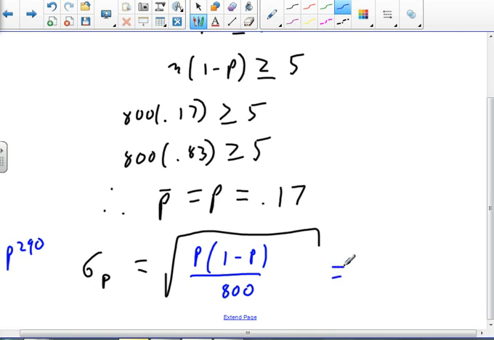So 0.17 times 0.83 divided by 800, then second function, square root of the answer. That's 0.0133. Okay, so that's that.